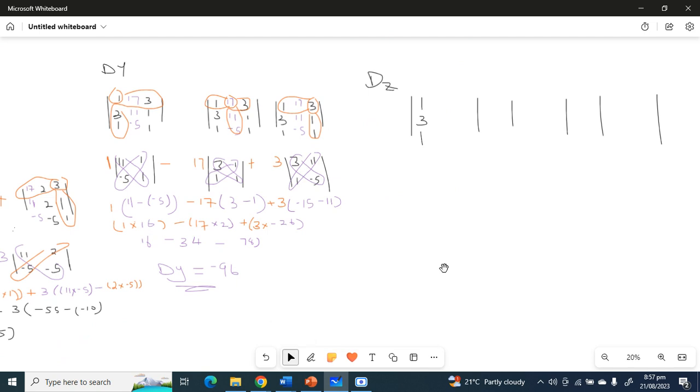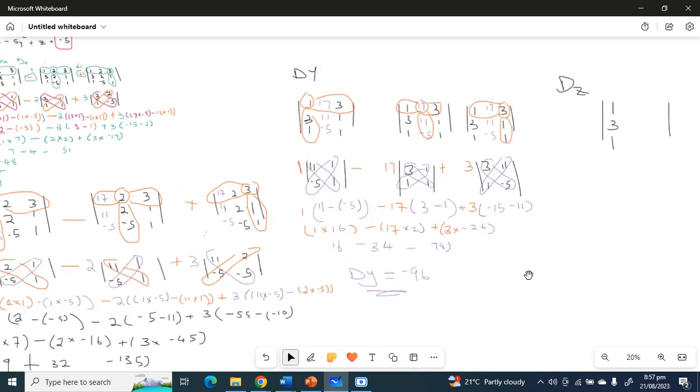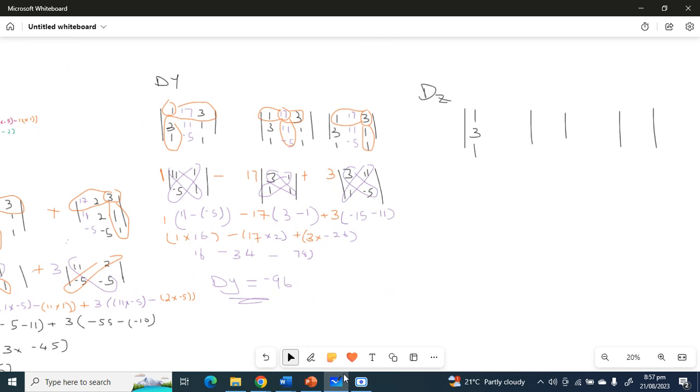Let's see what was in our y column: 2, 2, negative 5. Then replace our z column with 17, 11, and negative 5.